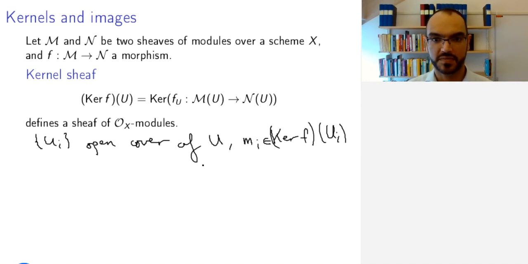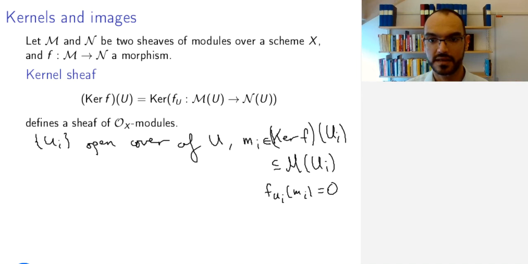This means in particular that m_i sits inside M of U_i. And what we know is that F_{U_i} of m_i is 0 because it's in the kernel of that set.